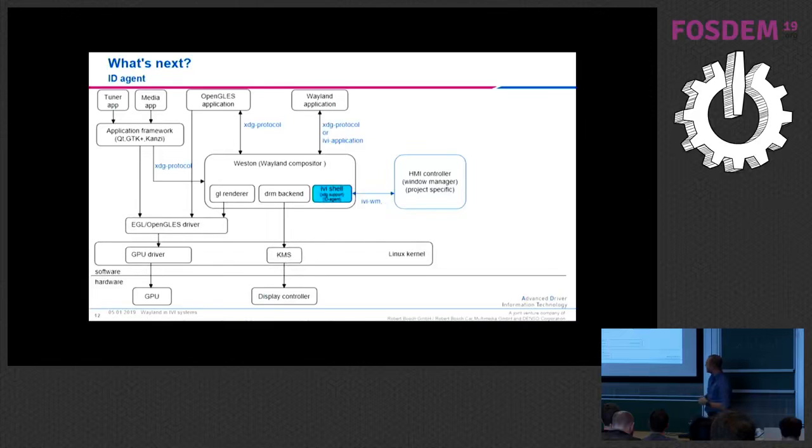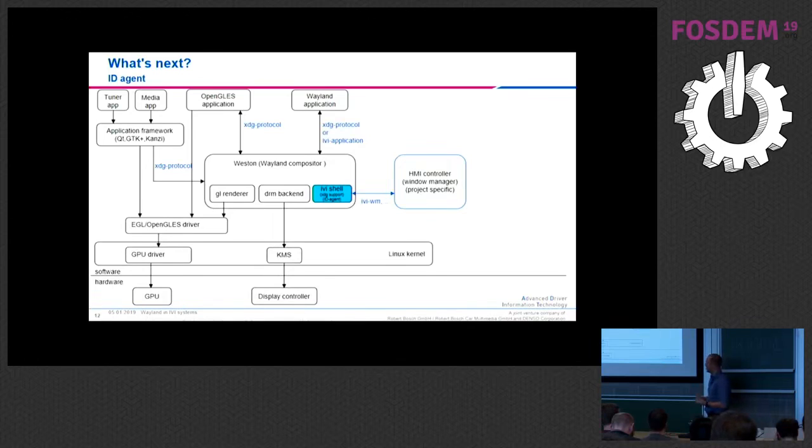Yeah, this is how it will look then if this is implemented and available. We will still use the IVI shell, we will still use the HMI controller. The major change is actually only for the application, and the biggest benefit we will get is because of the application frameworks.